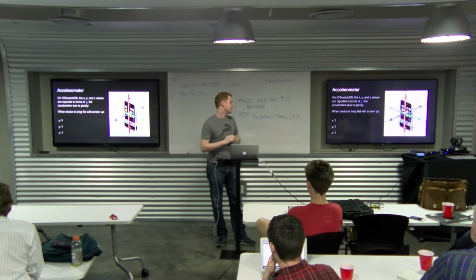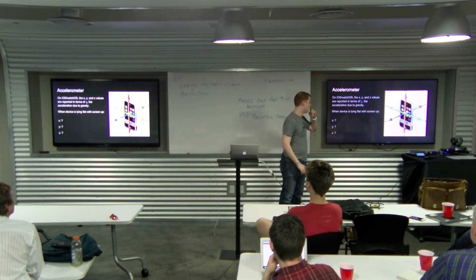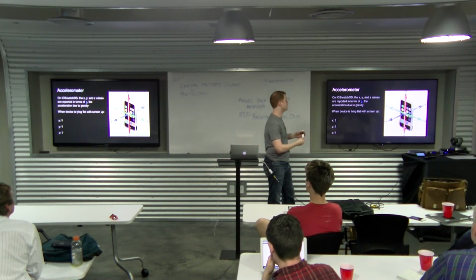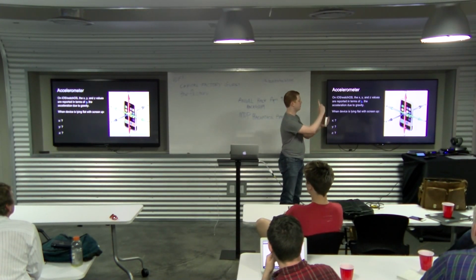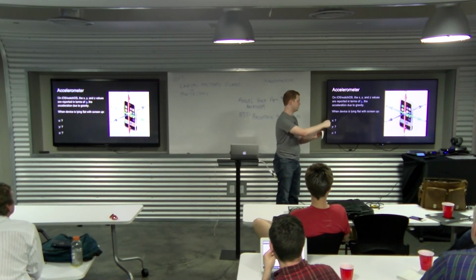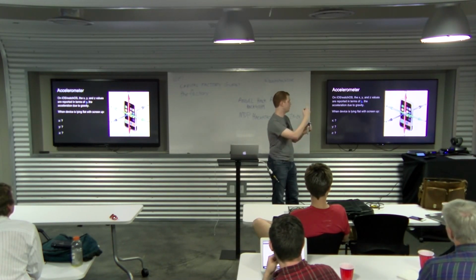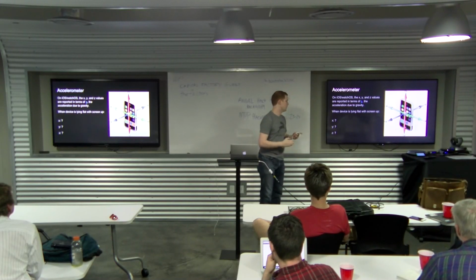So here's a diagram of what it looks like on the iPhone. This is from Apple's documentation for the accelerometer. It's similar to what the watch has. The Z-axis goes up and down through the watch, negative Z, positive Z. X is left and right, negative X and positive X, and Y is down and up, negative Y, positive Y. So very similar.